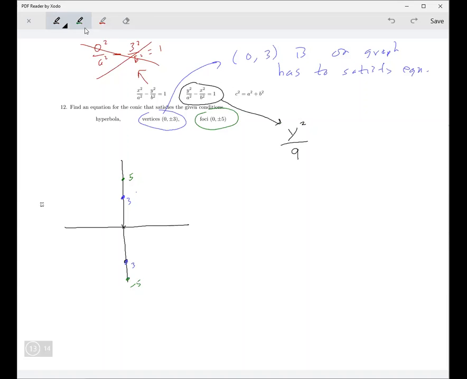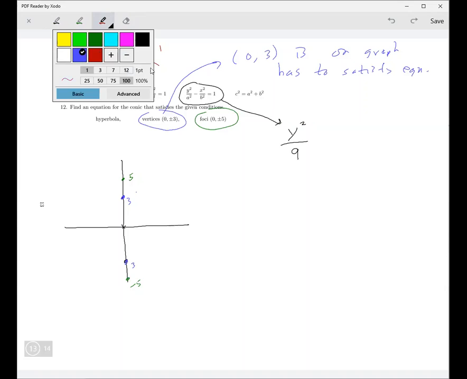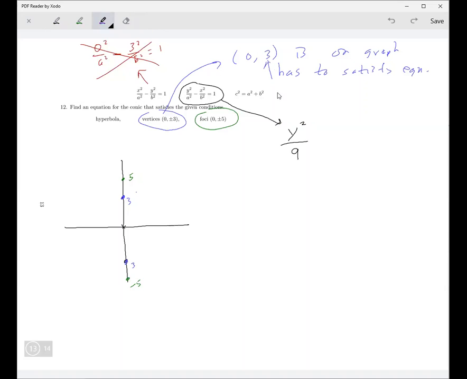Okay, so this means right here, this distance is 3 from the center to here, and also 3 from the center to this vertex.